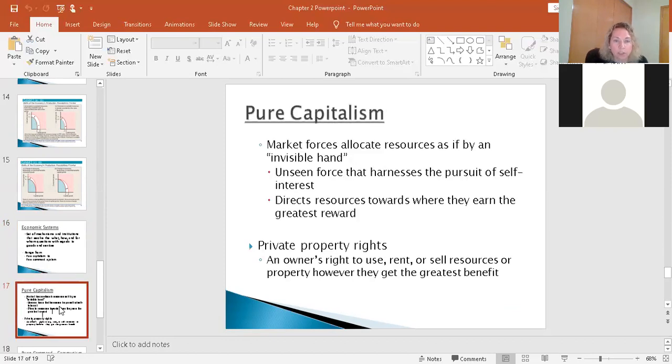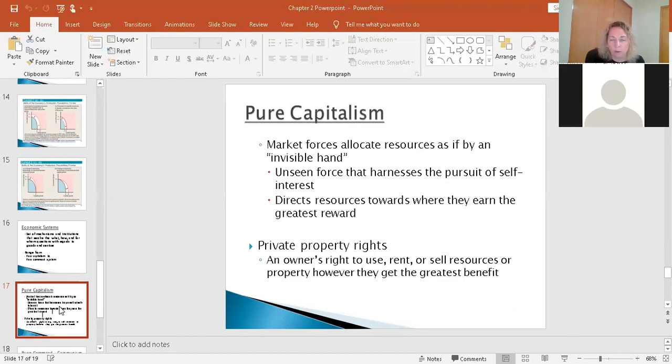All right, so let's talk about pure capitalism first. In its purest form, capitalism would be a system in which natural market forces, which happen in an economy just because of natural human behavior and decision making, would allocate resources as if by invisible hand.